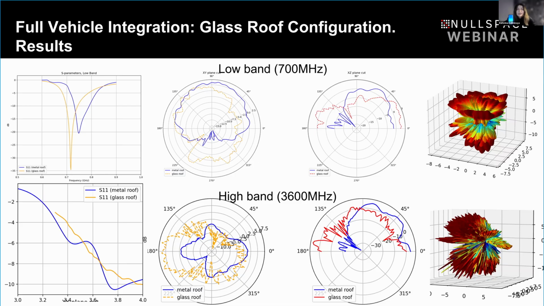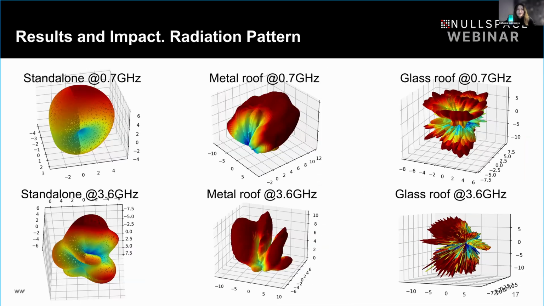And then if we go to the next slide, here we have the comparison of radiation patterns of all our cases. So you can see directly how this progression is going. In the first case, we have our low frequency and high frequency for our standalone antenna, and it looks very nice. It looks as you would expect.